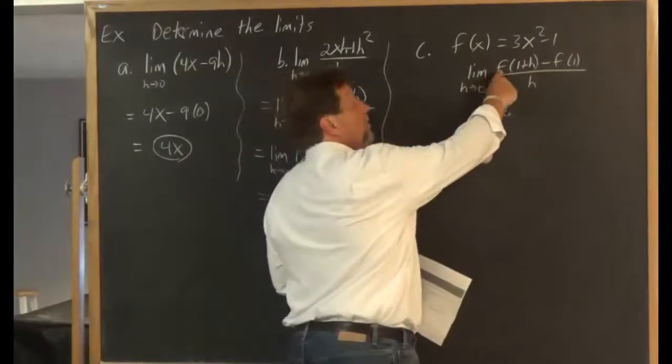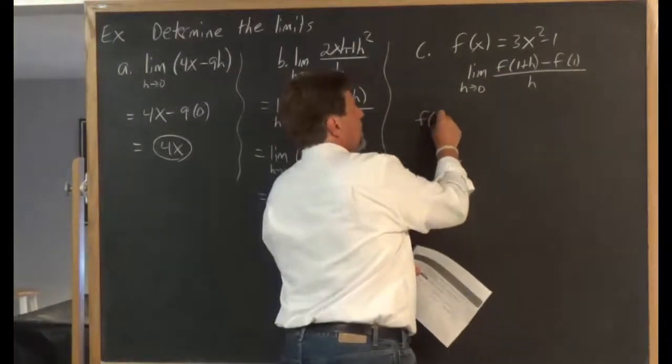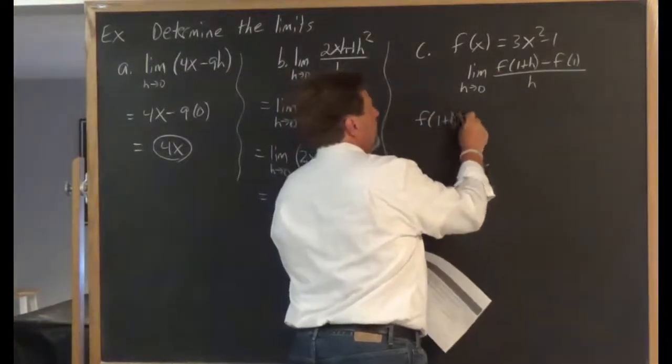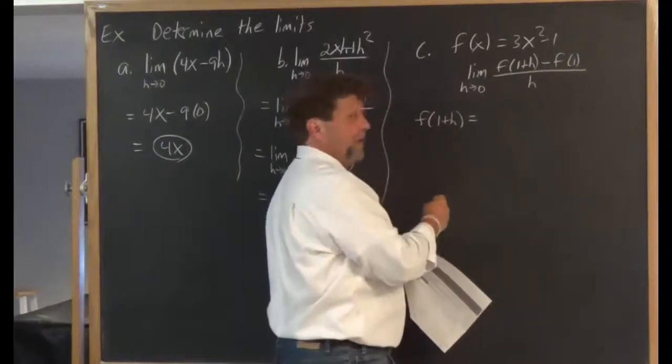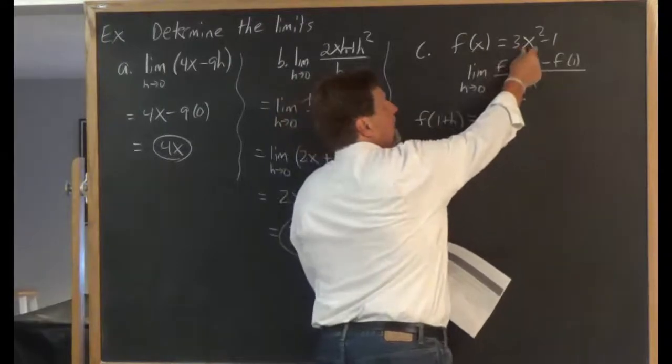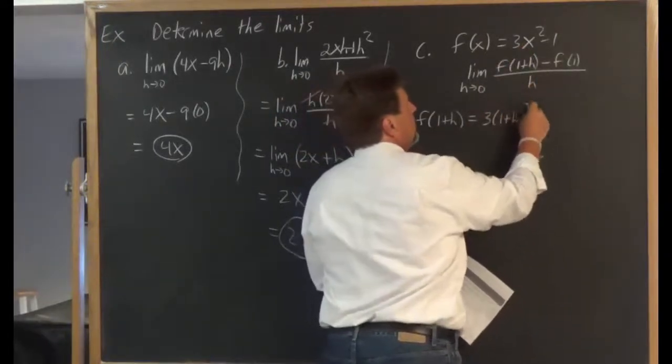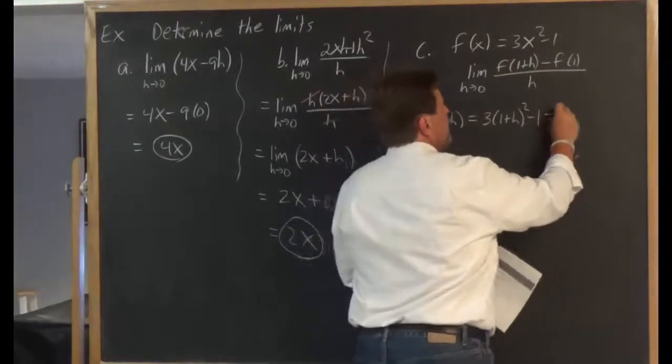So I'm just going to break this down into some pieces. I need to compute the f of 1 plus h. So remember, to evaluate a function, it doesn't matter what you're evaluating the function at, you're going to put 1 plus h in for the x. So that gives us a 3.